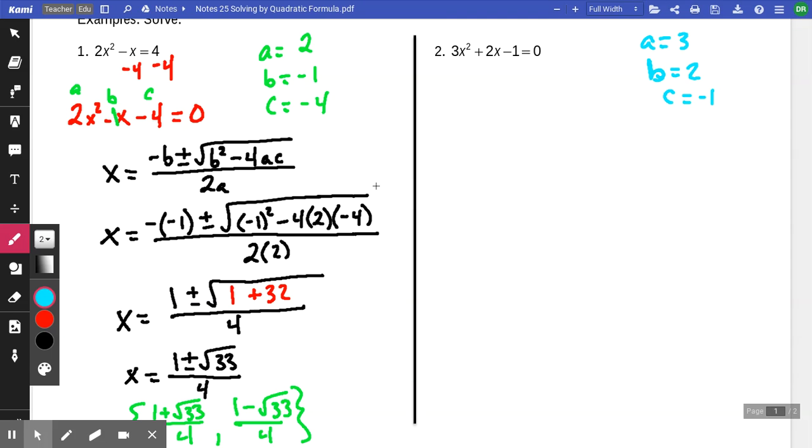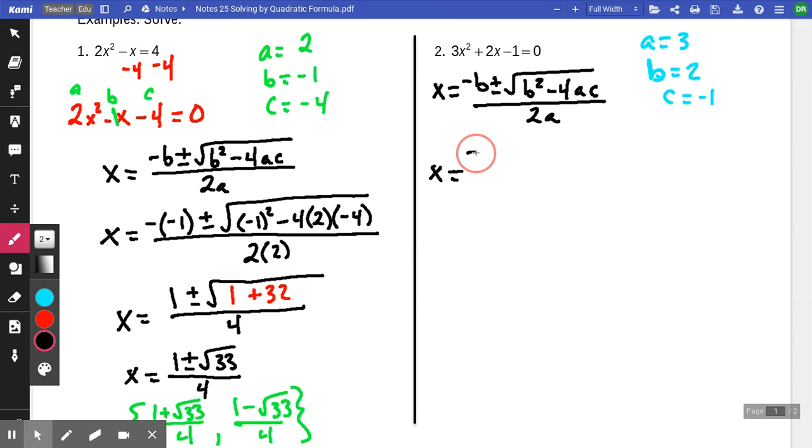And so as we set up our formula here, we have x equals -b plus or minus the square root of b squared minus 4 times a times c, all divided by 2a. We'll substitute, and it's a good strategy to use parentheses when you substitute.